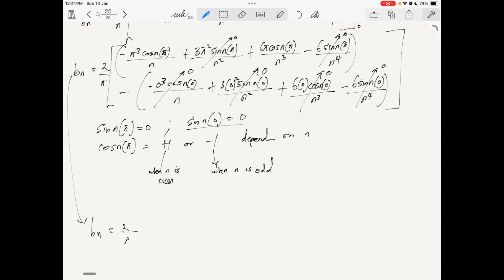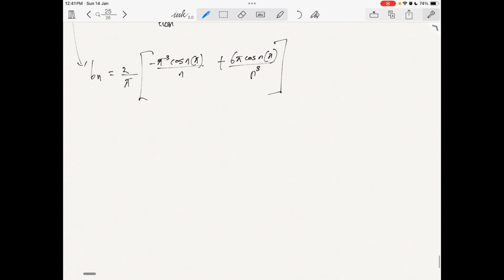So simplifying this further, bn is equal to 2 over pi times the terms that are left: minus pi cubed cos n pi over n plus 6 pi cos n pi over n cubed. Now with this done, we can begin to evaluate values of b1, b2, b3 and also b4.